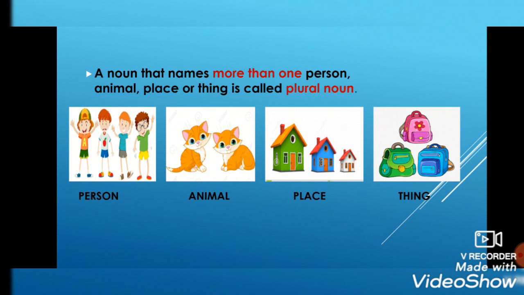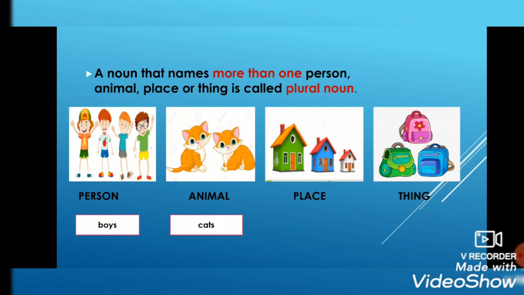In the first picture, we can see boys. So boys is a plural noun that tells about more than one person. In the second picture, we can see cats. So cats is the plural noun that tells about more than one animal.